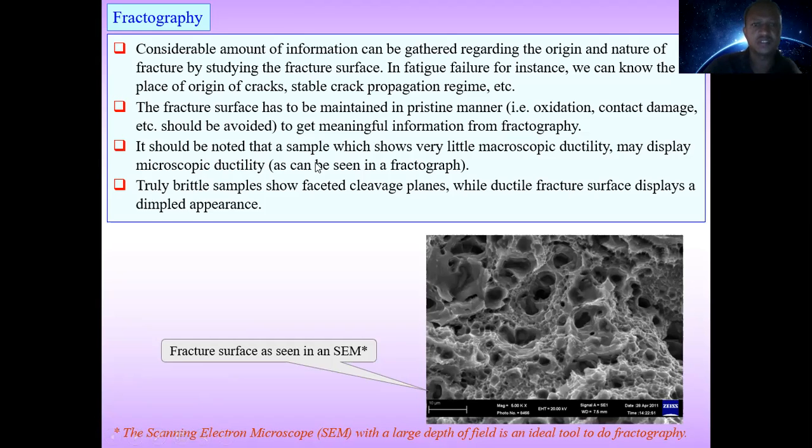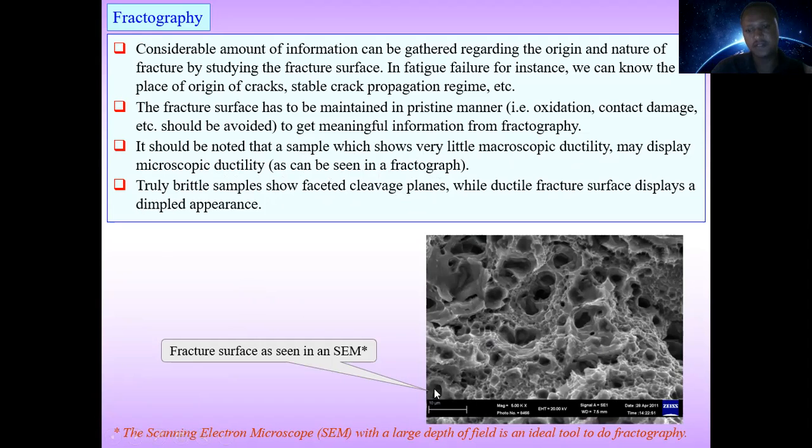It should be noted that a sample which shows very little macroscopic ductility may display microscopic ductility, as can be seen in the fractograph. We can see here a result of fractography. A truly brittle sample shows faceted cleavage planes.